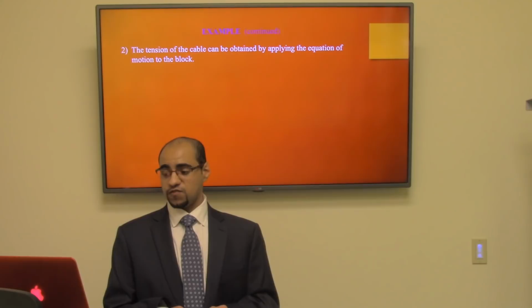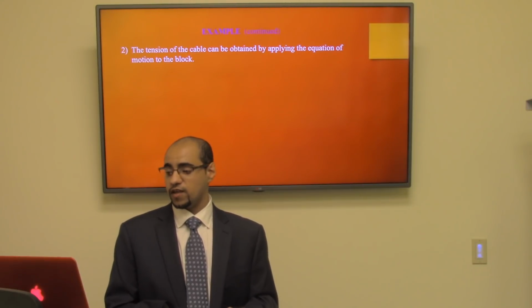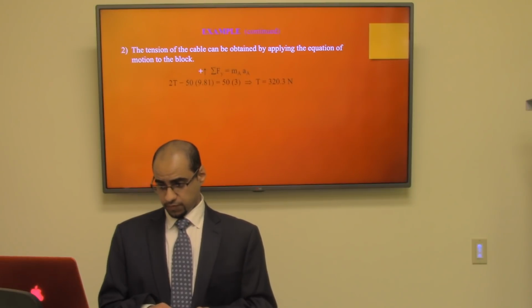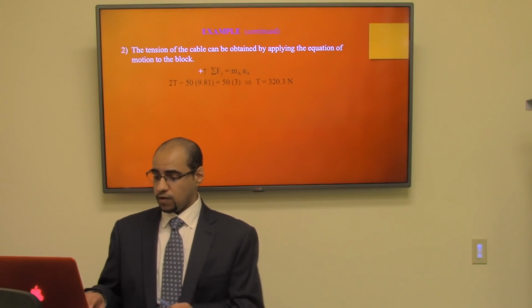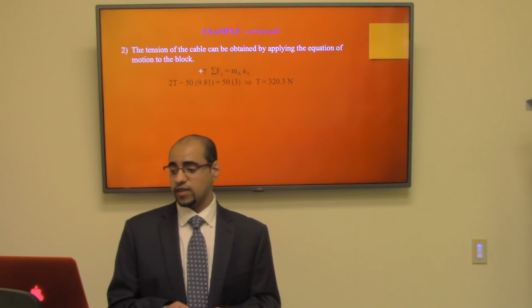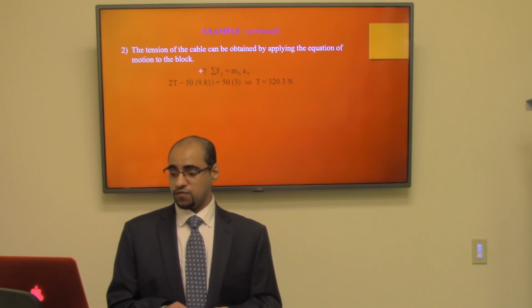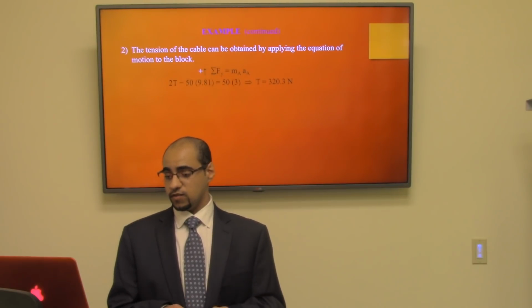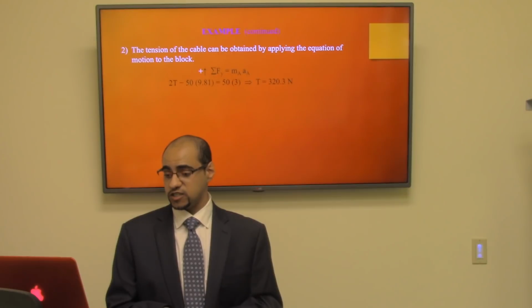Two, the tension of cable can be obtained by applying the equation of motion to the block. Summation of Fy equals ma. Here m is the mass and a is the acceleration.